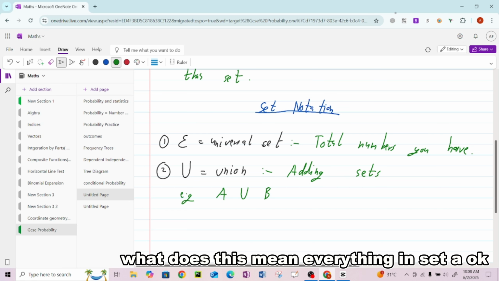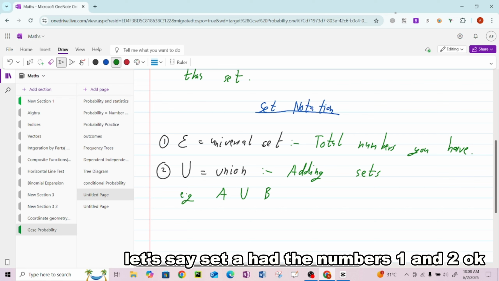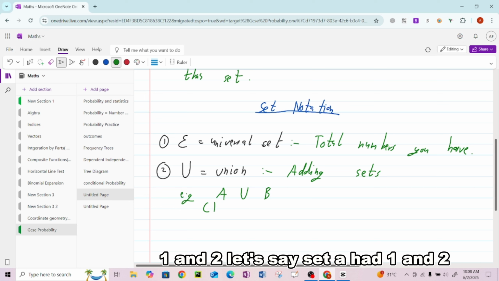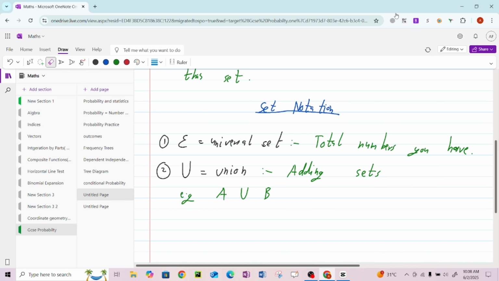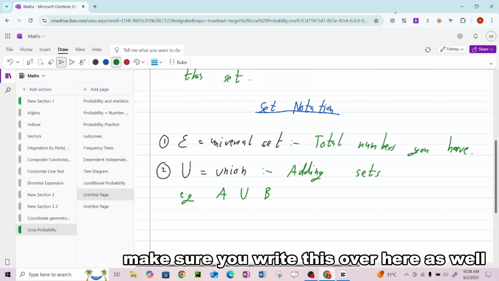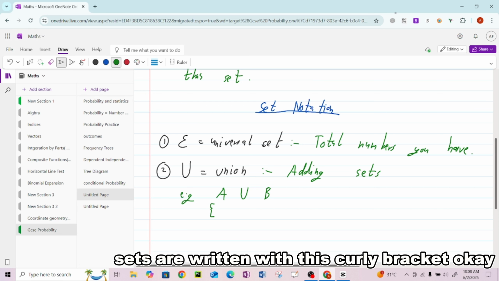What does this mean? Everything in set A. Okay, let's say set A had the numbers 1 and 2. And one more thing, that sets are written, make sure you write this over here as well. Sets are written with this curly bracket.